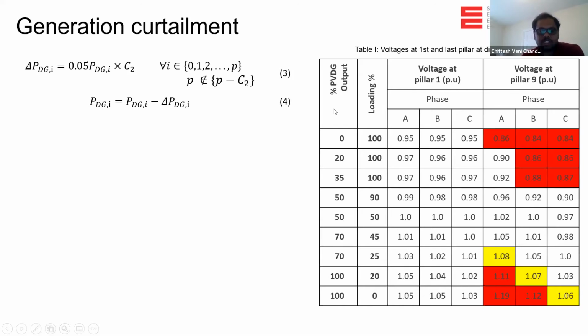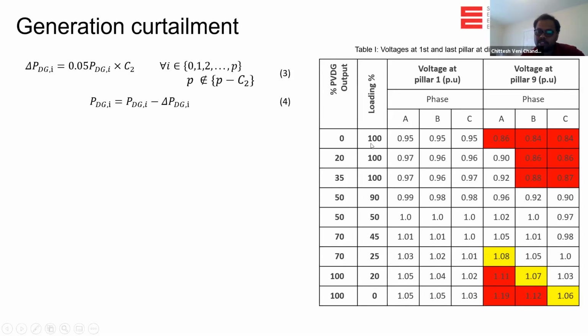Before doing this, we performed a set of studies to see which scenario gave what kind of voltage values. Voltage node 1 is the first node, connected to the transformer, and the voltage is set to 1 per unit at that point. The voltage at node 9 is what we are more interested in.